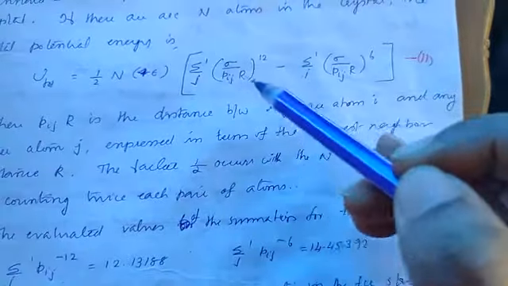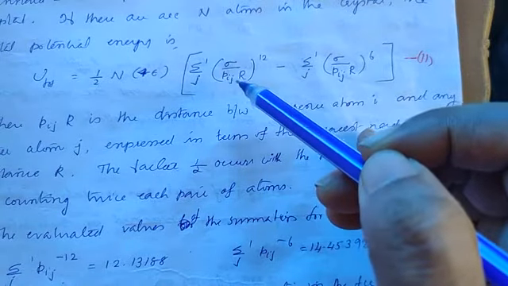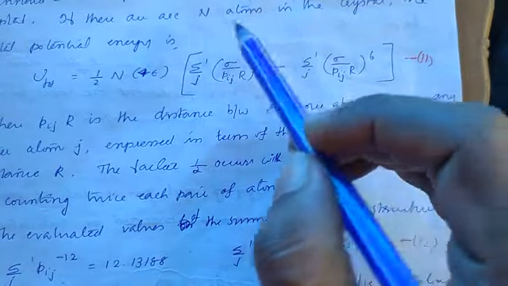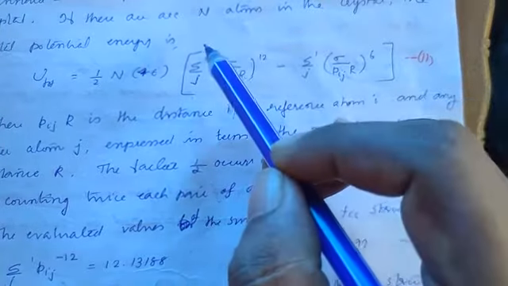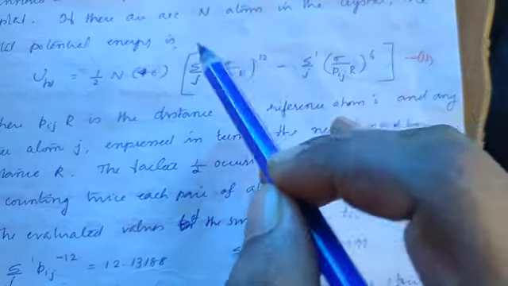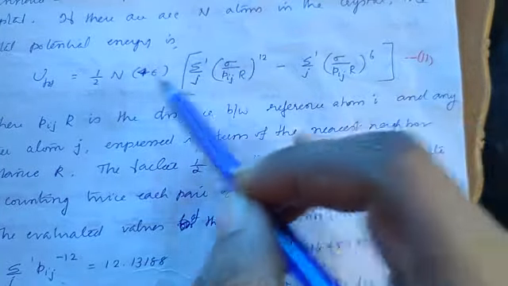So when we are summing the interaction between pairs of atoms, there is a possibility of summing the ij interaction and the ji interaction, but basically both are the same. So in order to compensate for this effect, a factor 1 by 2 is appearing here.